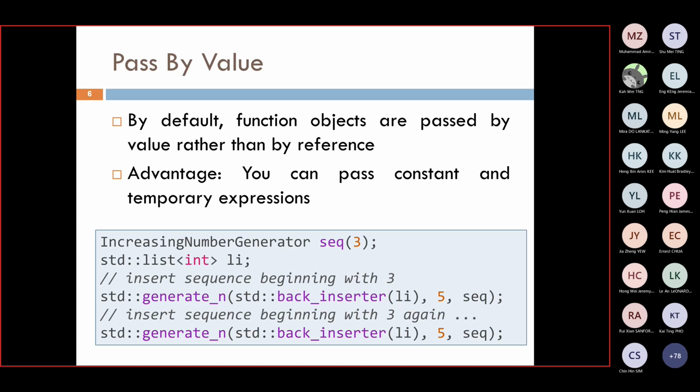Okay. So sometimes, some of these function objects may have certain state, and that could be quite useful for us to get back. For example, we have a big container, and that container contains integral values.